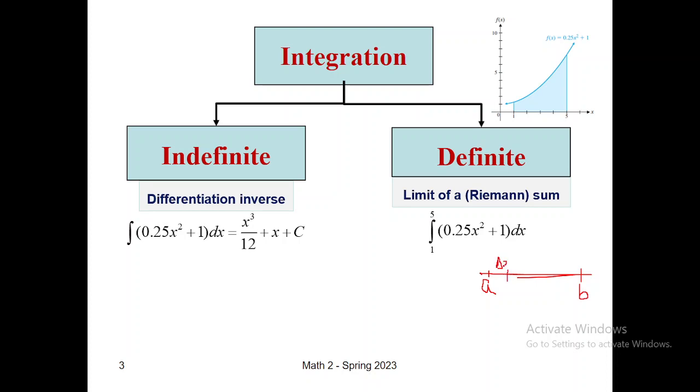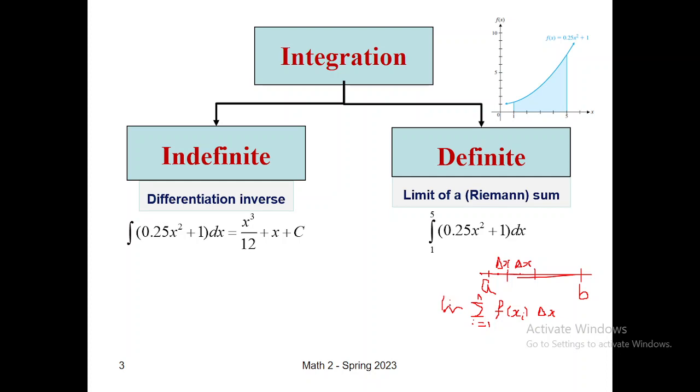Now we evaluate the function at some point inside each small subinterval: f of x1 is the evaluation in the first subinterval, f of x2 is the evaluation at some point in the second subinterval. Then we multiply each f of xi with delta x, and make a summation from i equal 1 up to n, the last subinterval.